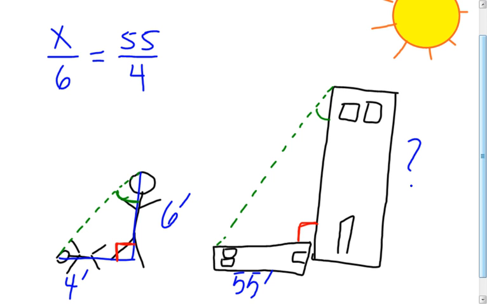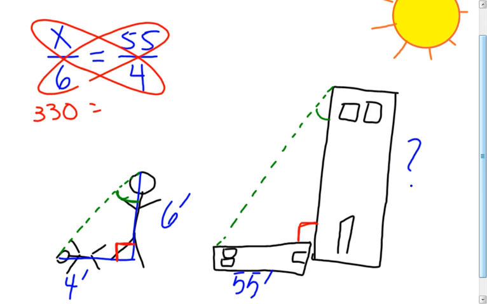Solve my proportion here. So 6 times 55 is going to put us at 330, equal to 4x. Do a little division here on both sides.